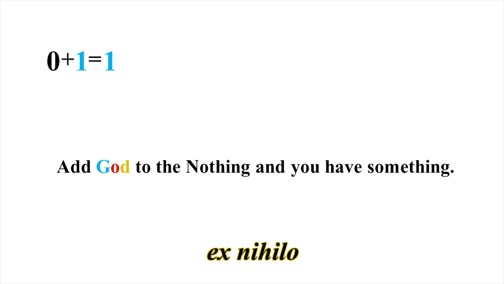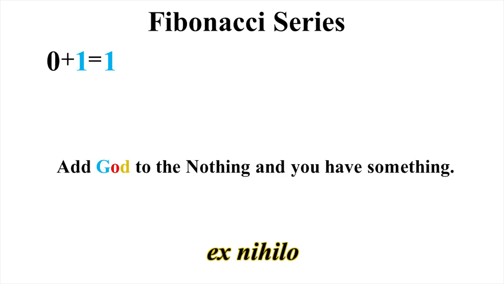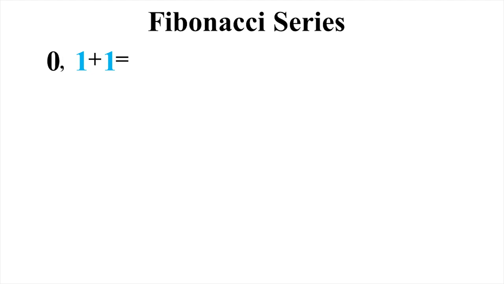This is the beginning of what's called the Fibonacci series. And how we get this series is we add the first two numbers, which were 0 and 1, and you get the third number. Okay, 0 plus 1 equals 1. If you want the series to continue, do it to the next two numbers. 1 and 1 add up to 2.